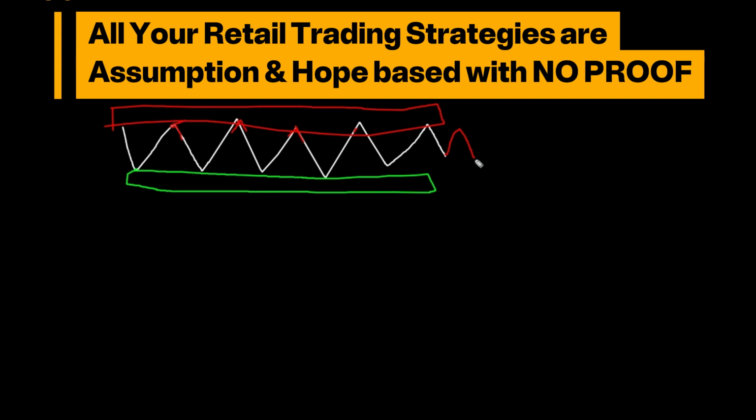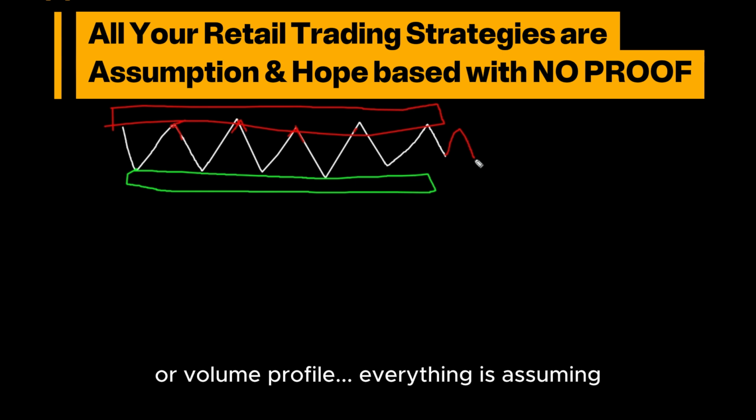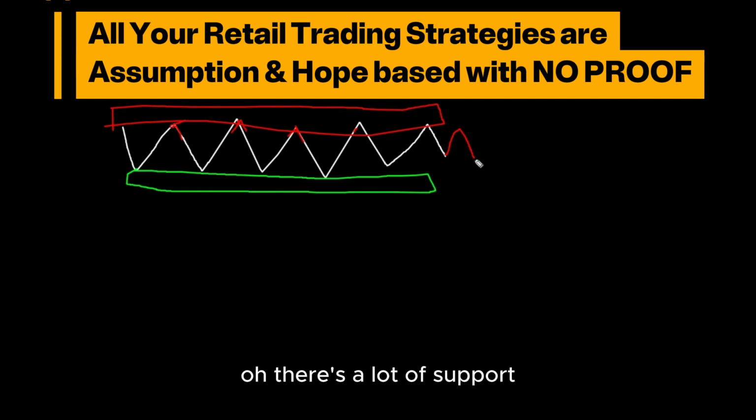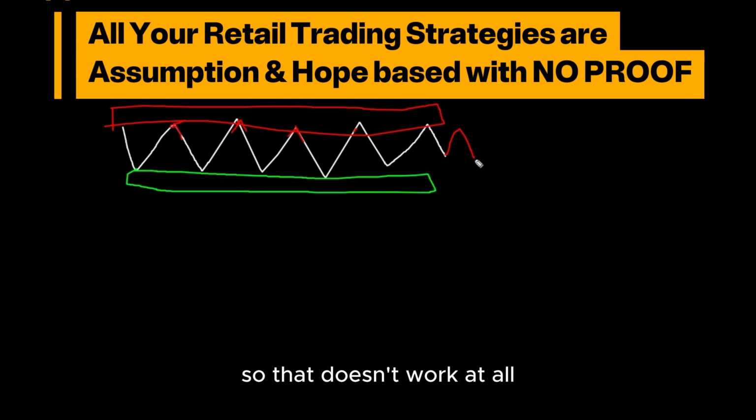What happens? The market runs through, takes your stop, and you exit your trade. How many times has it happened to you? For me, it happened so many times. That's why supply and demand, market profile or volume profile, everything is assuming, oh, there's a lot of support, there's a lot of demand, price is going to move up or move down. So that doesn't work at all.